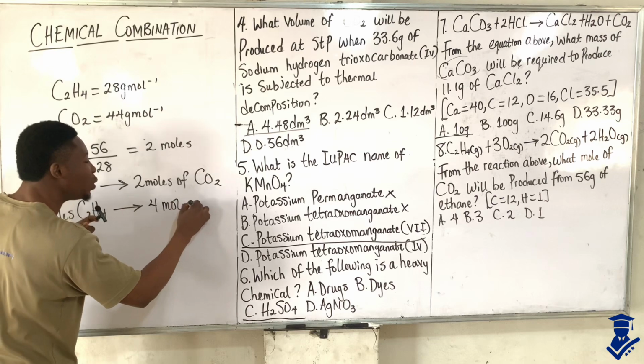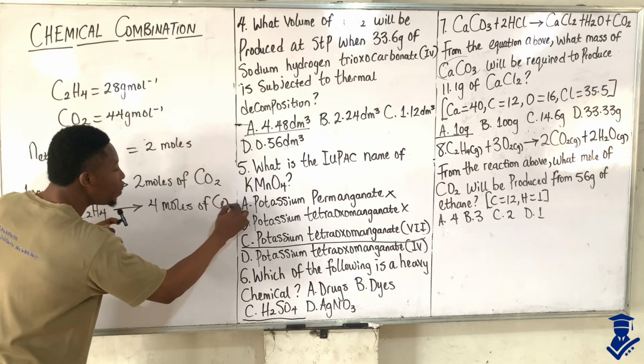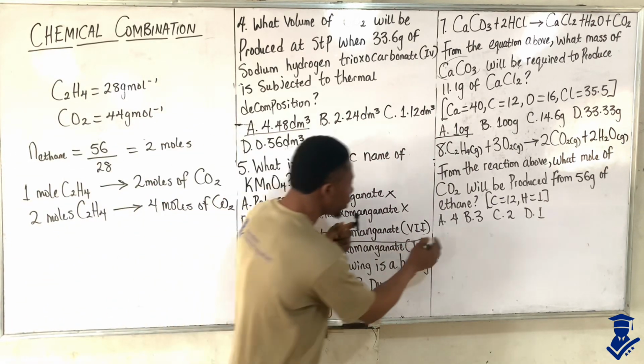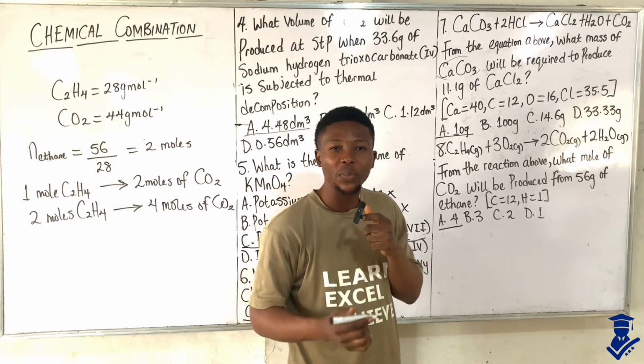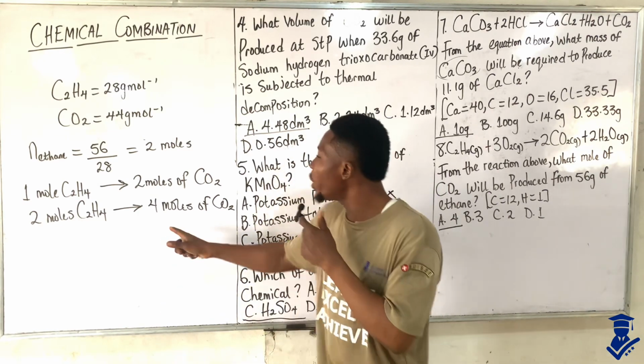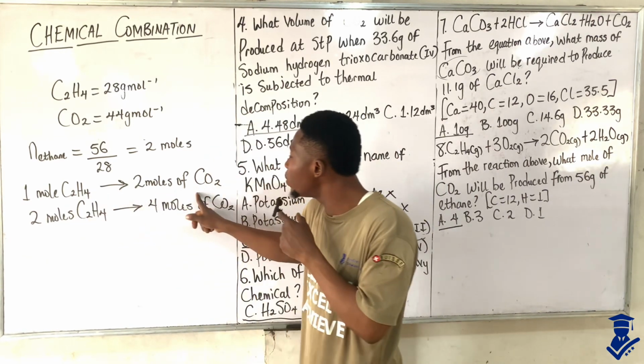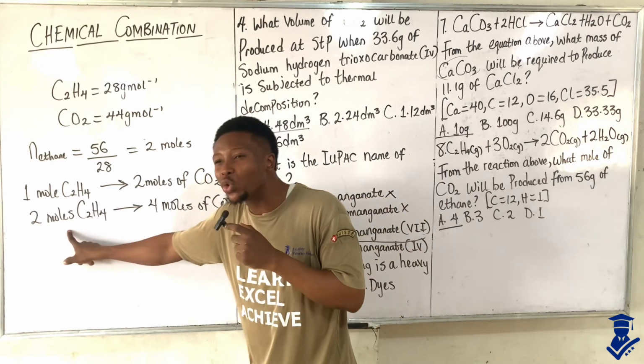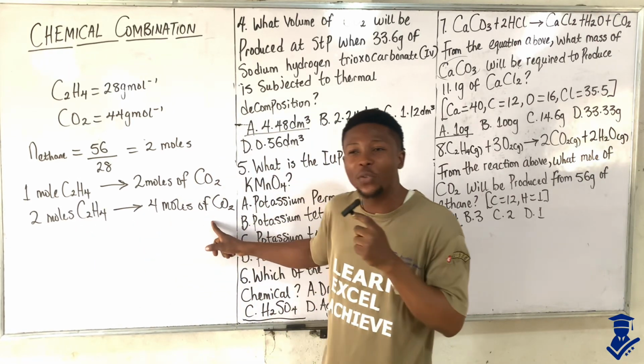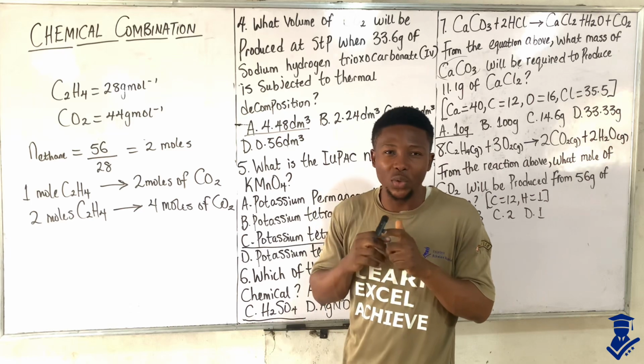We don't need to do any calculation here. So the answer is 4. If 1 mole of ethane produces 2 mole of CO2, it means that 2 moles of C2H4 will produce 4 moles of CO2.